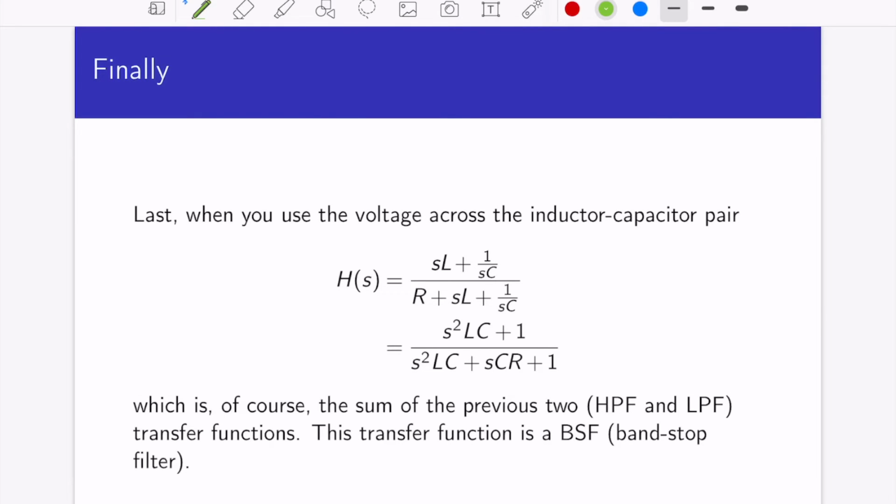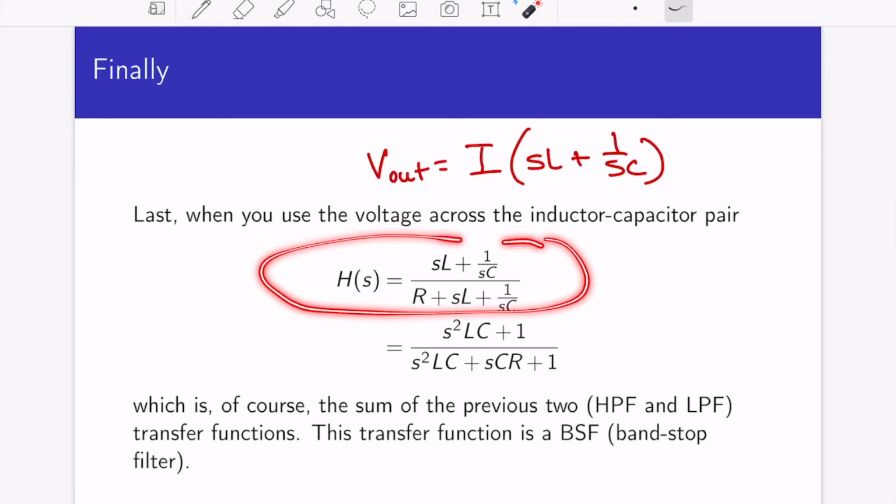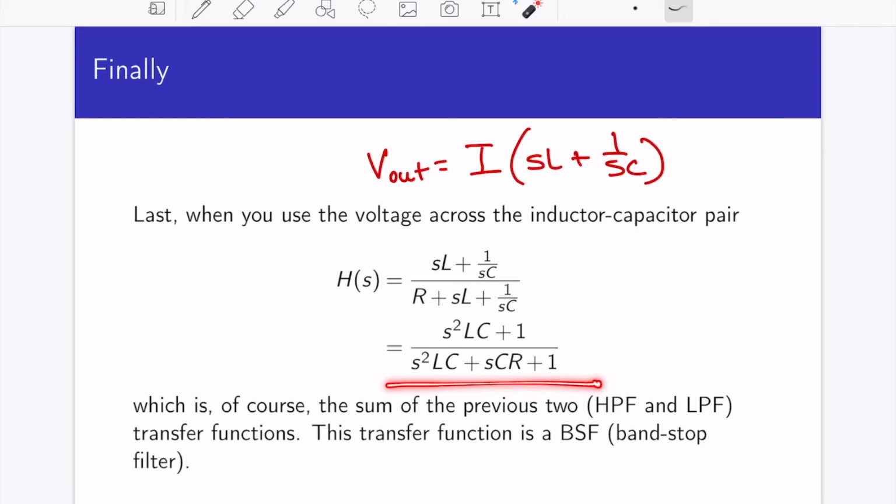Finally, let's do something different. Let's look at the voltage across the inductor and capacitor combined together. So what that means is now our voltage is going to be equal to I times that series combination, so SL plus 1 over SC. We could substitute that into our transfer function, clear the denominators, and we end up with this expression. And if we put this together, let's see what happens.